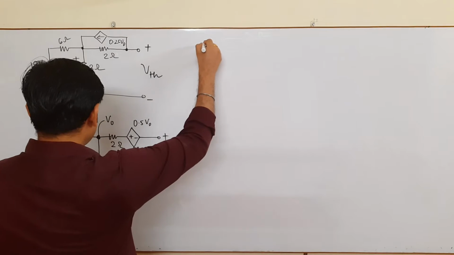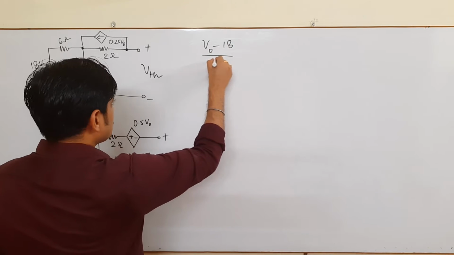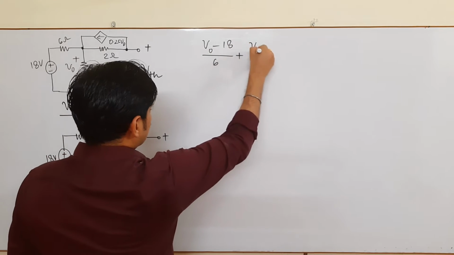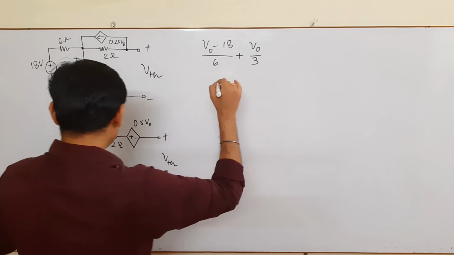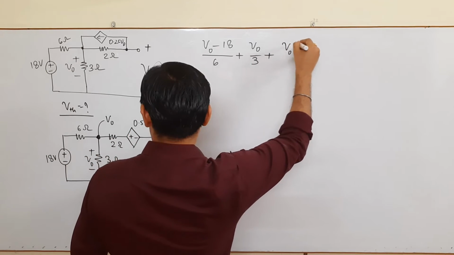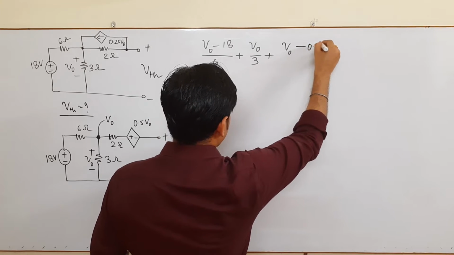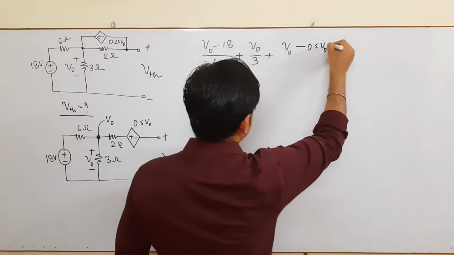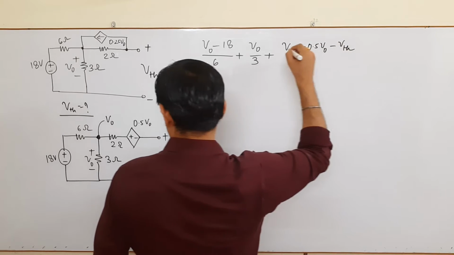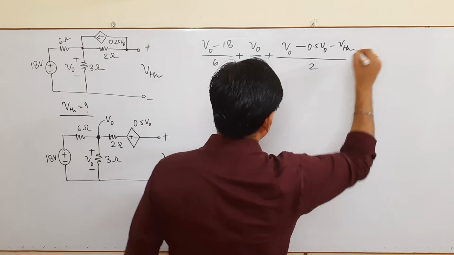So here I can directly write the equation as V naught minus 18 upon 6, plus V naught upon 3, this current, plus V naught plus 2 minus, that is minus 0.5 V naught minus VTH upon 2, this current, and that is equal to what?